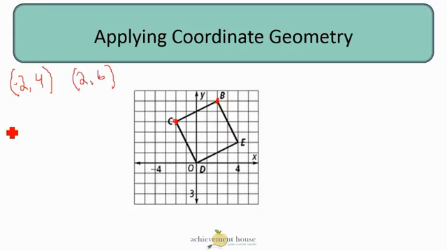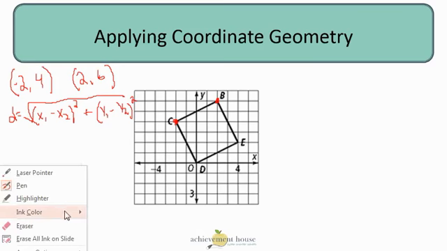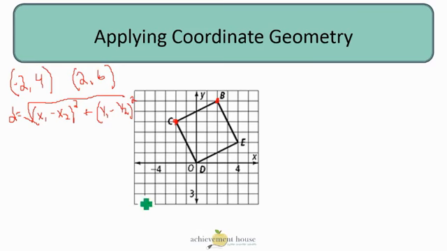I'm going to use the distance formula. D equals the square root of (x1 minus x2) squared plus (y1 minus y2) squared. So I'm simply going to substitute in for my equation, and let's label our x1, y1, x2, y2.